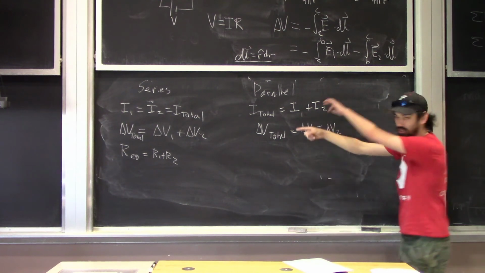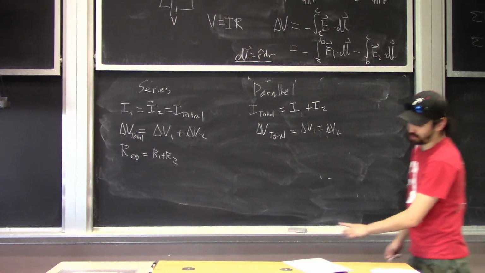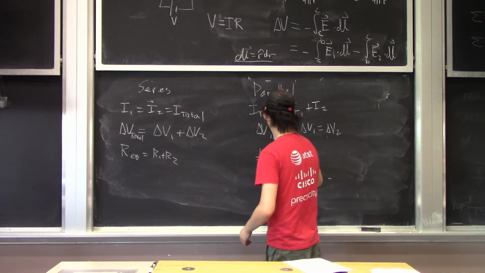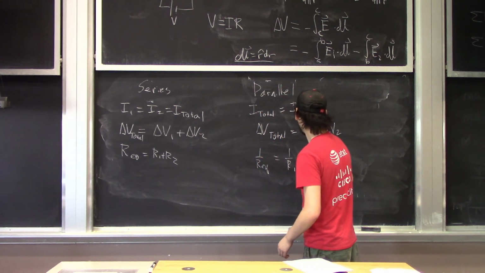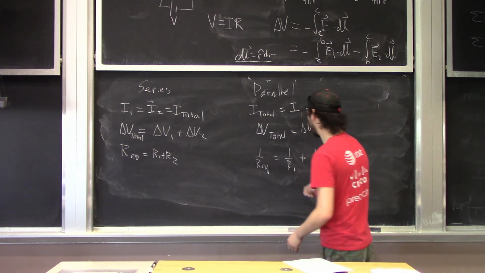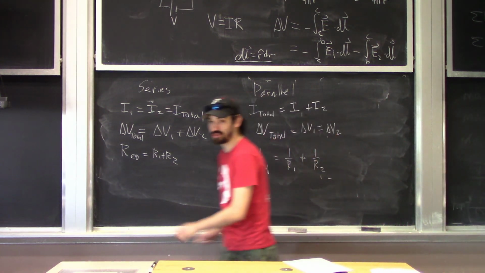Okay, so you can see the comparison between these, and ultimately, again, I don't want you to just use this equation. I want you to go through the process of showing why it's true. Ultimately, that says that for resistors in parallel, they're going to add like this. Okay, so go ahead and get started on that, and I'll come around and answer questions as you guys have them.